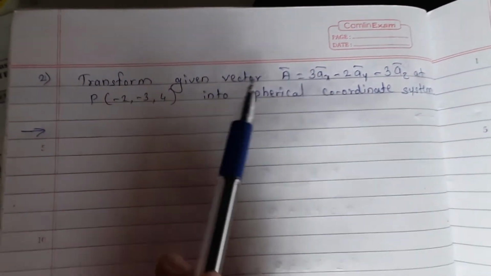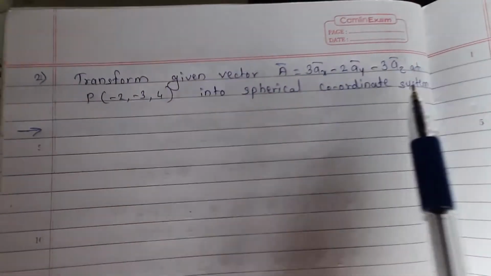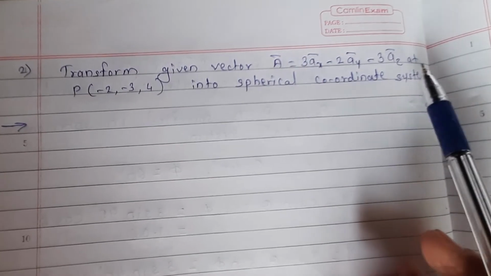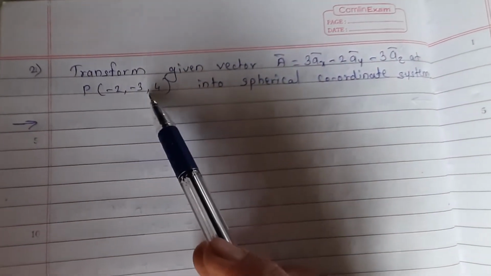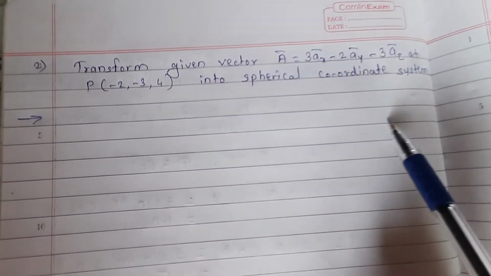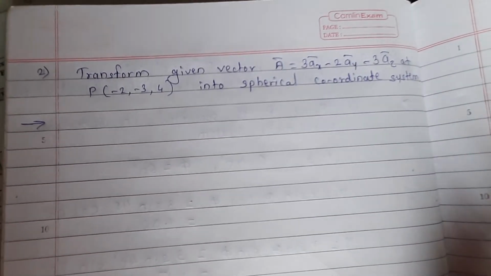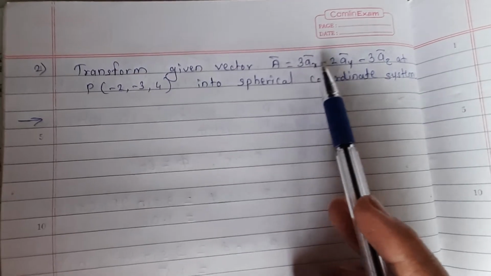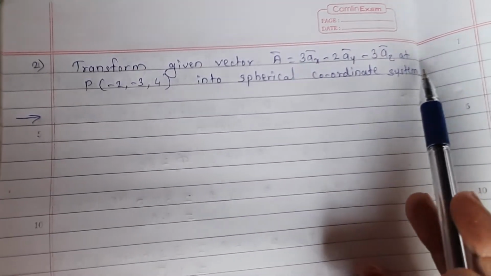Next problem: transform the given vector A bar is equal to 3Ax bar minus 2Ay bar minus 3Az bar at point P of minus 2, minus 3, 4 into the spherical coordinate system. So here vector A bar is given in the Cartesian coordinate system.